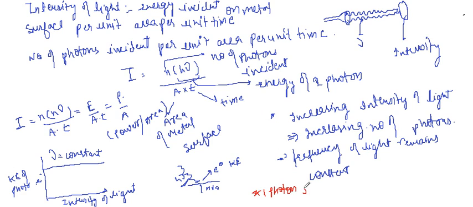one photon interacts with only one electron, or we can say ejects only one photoelectron. When you have a photon incident on a metal, only one electron will interact with one photon.